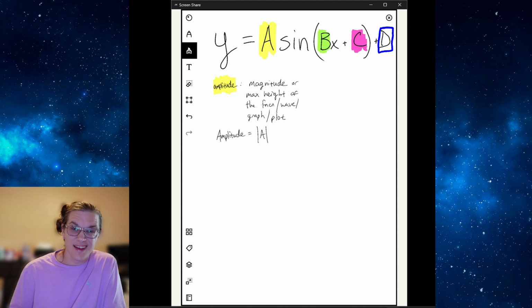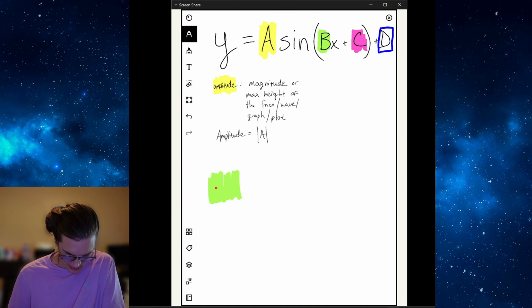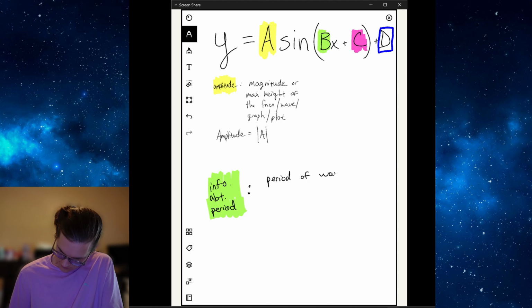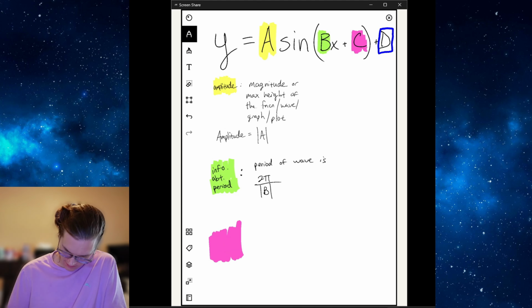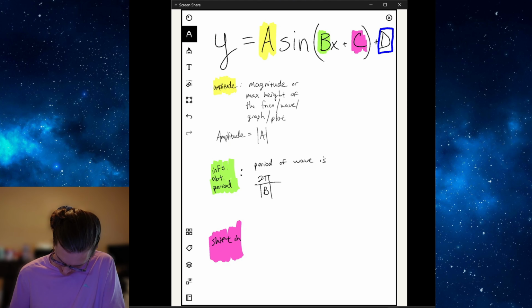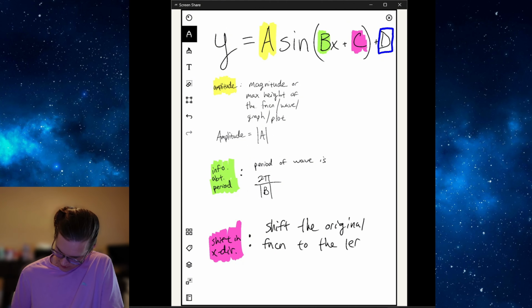And the next thing is this B. B tells us about the period. Period of the wave is 2 pi over the magnitude of B. And we have our C, and that's the shift in the X direction. So shift the original function to the left C units if C is positive.